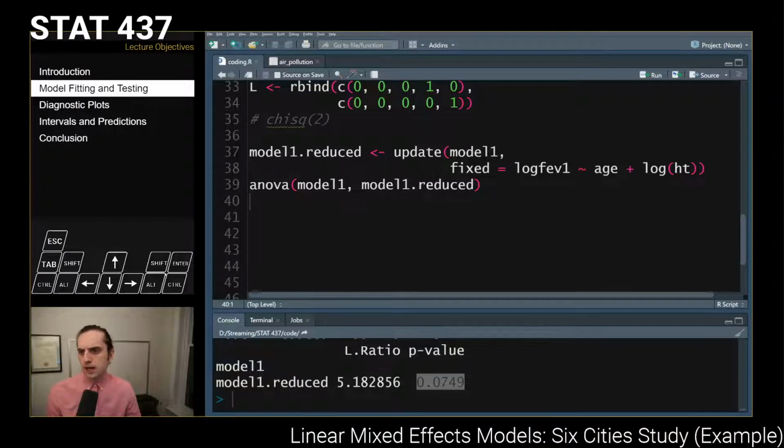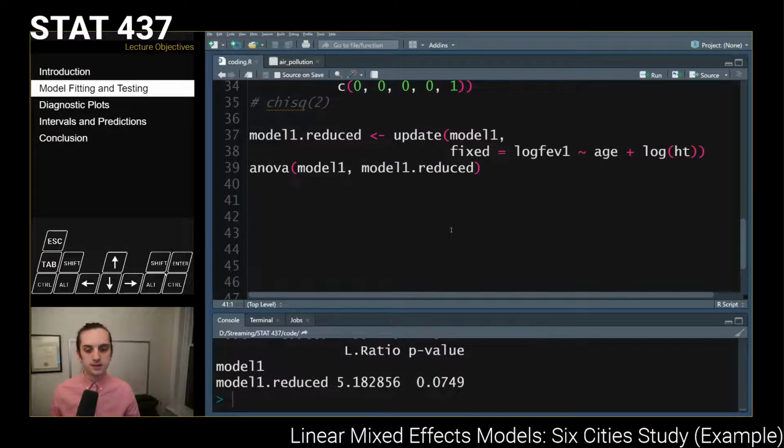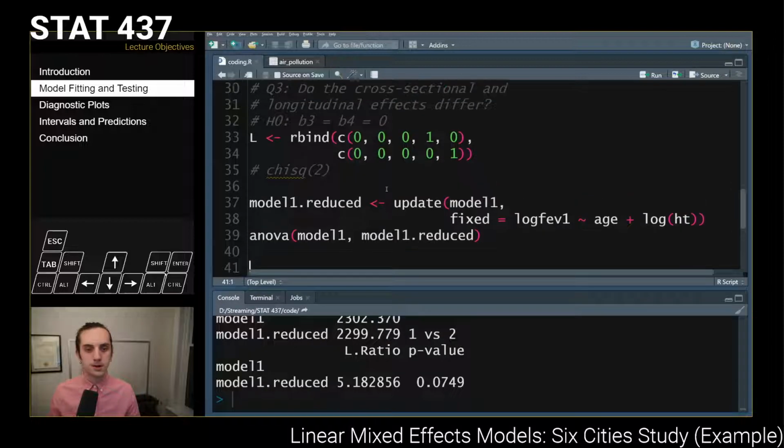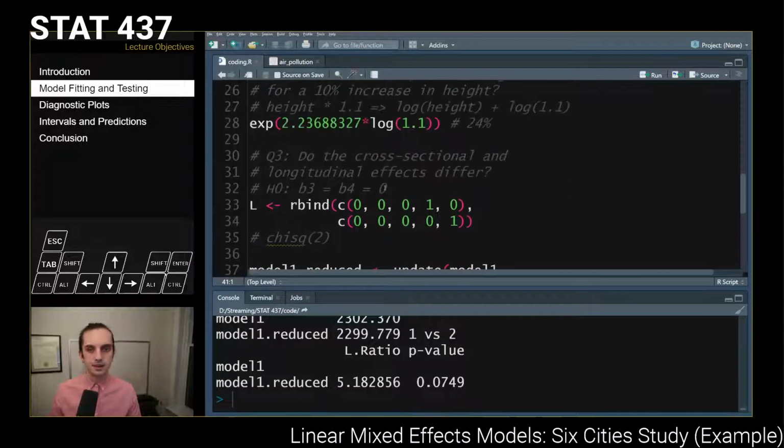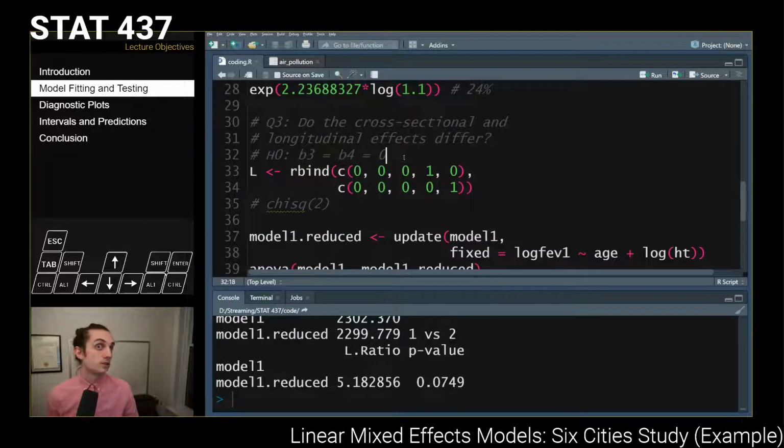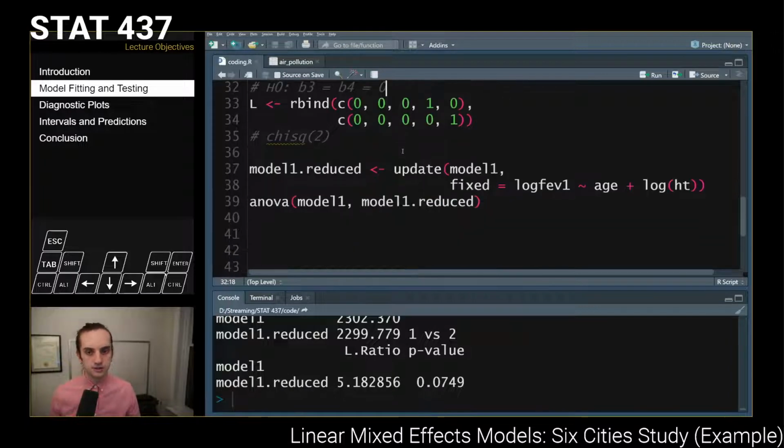And so the overarching, whether we choose to accept or reject is going to be based on whether we care about it at a 10% level or say a 5% level. But there's actually some evidence that we might want to reject the null hypothesis here, which would conclude that the cross-sectional effects and longitudinal effects do in fact differ, or at least there's evidence that they might differ in these data.